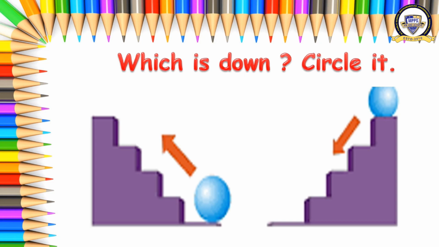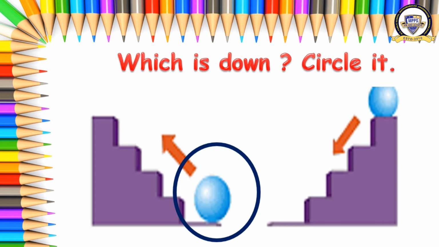Which one is at the down? The first, the second. Which ball is at the down? Very good. The first ball. Well done, MPPN. The first ball is down. So you have understood up and down.